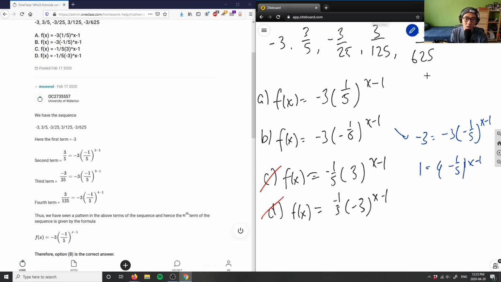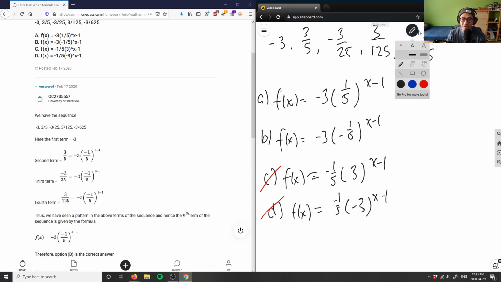We could take the log of both sides to bring the x minus 1 down. Or we can actually just do the first term. Instead of solving for x here, I'm going to assume that x is linear. It has to increase linearly from 0, 1, and so forth, right? So the first term here would be 1.